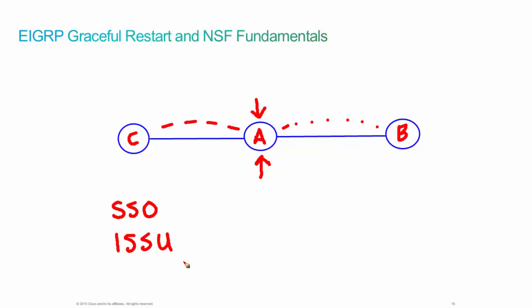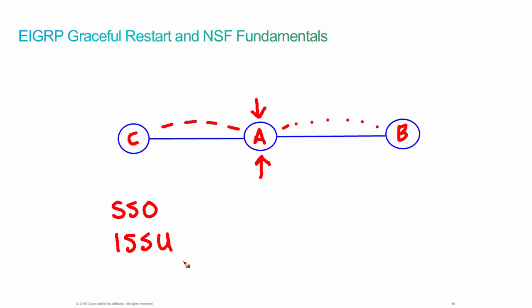Now, these are two protocols that would run on devices that have dual processors. So this is for dual processor systems. The dual processors that support SSO or ISSU can forward while they're restarting the control plane on the second processor. So that's what happens here.